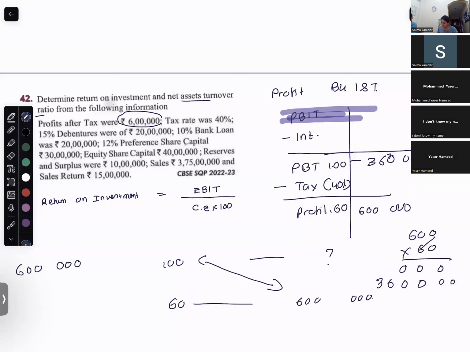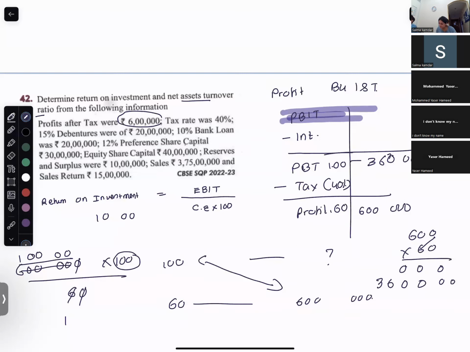600,000 into 100 divided by 60. So 6 ones are 6, 10,000 into 100. 10,000, 2 zeros. So this will become 10 lakh.